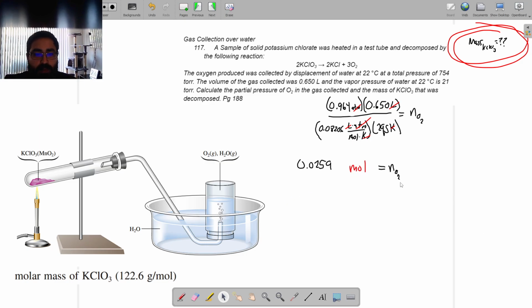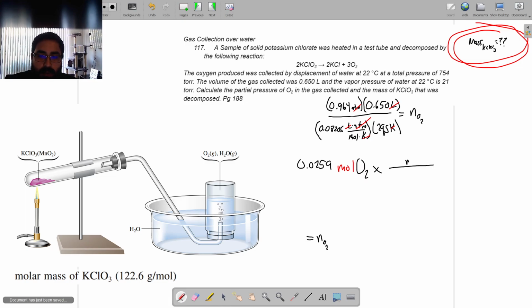So we found moles of O2. But we need moles of KClO3. So how do we go from moles of O2 to moles of KClO3? You guys are probably familiar with it. It's called the mole ratio.